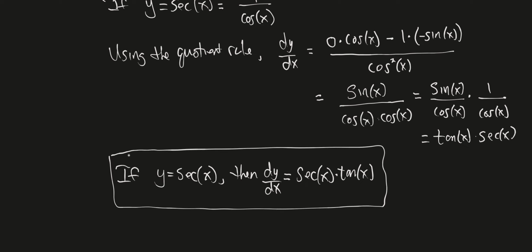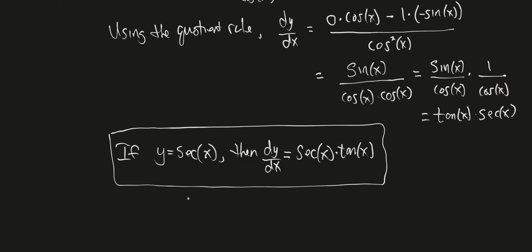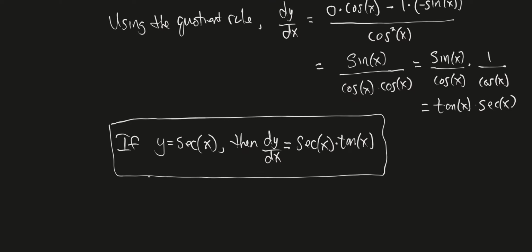And it turns out that the derivative of cosecant is very similar. But here is the pattern again. It's going to be negative, and it's going to be negative cosecant times cotangent. So all the co-ratios are all together, and they all have this negative in front of their derivative.